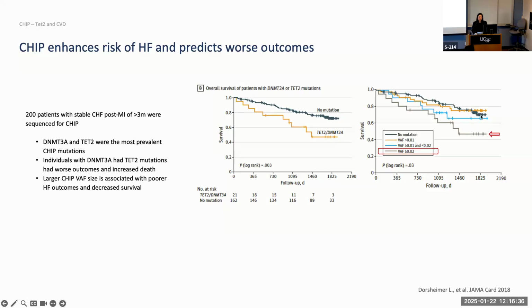But if we look at individuals who don't technically have CHIP, so these are individuals with a variant allele frequency of about 1 to 2% or even lower, we still see an increased risk for death, although not statistically significant. And so it again shows us that we can even further risk stratify precursor disorders in the CHIP state as well.